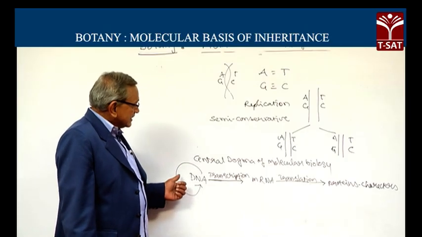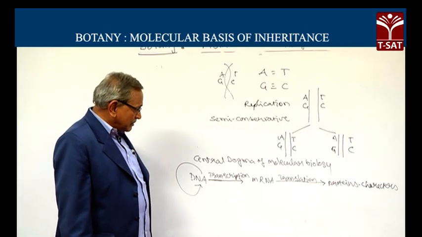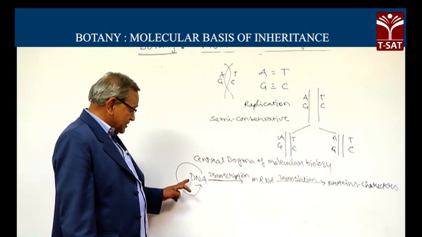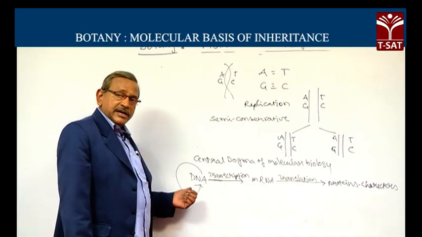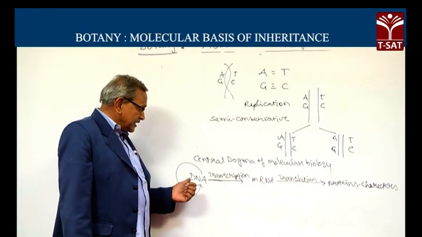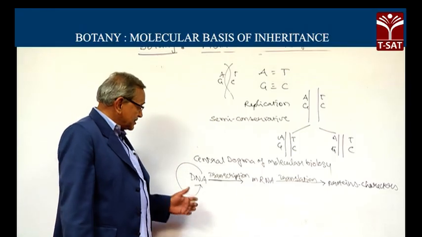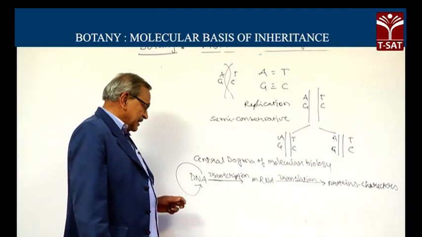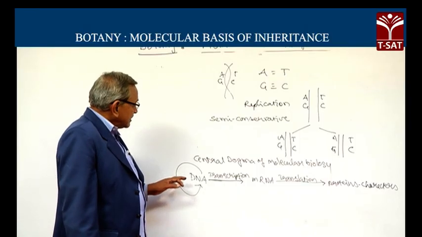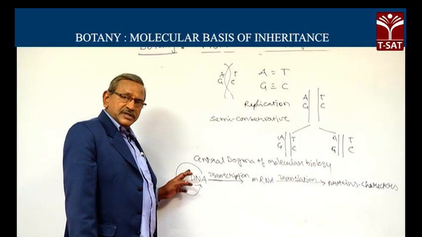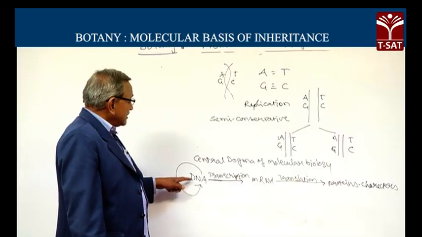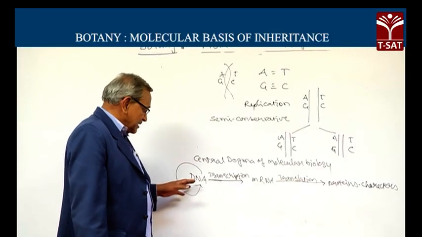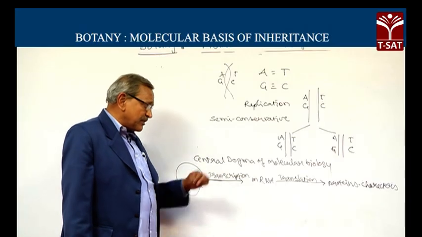And the central dogma of molecular biology states that DNA makes its own copies, that is an important character of inheritance. The genetic material must make its own copies, and also exact copies, that is true for DNA, and this occurs during S phase of the cell cycle. And DNA, to express characters, passes its information in the form of mRNA.